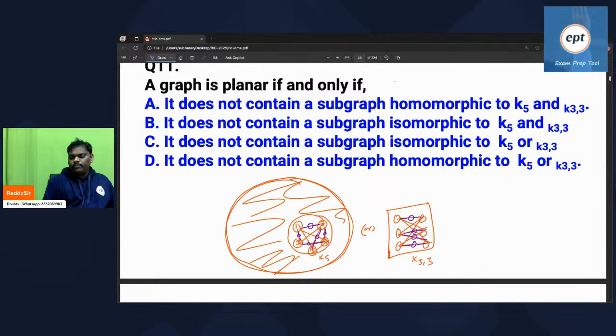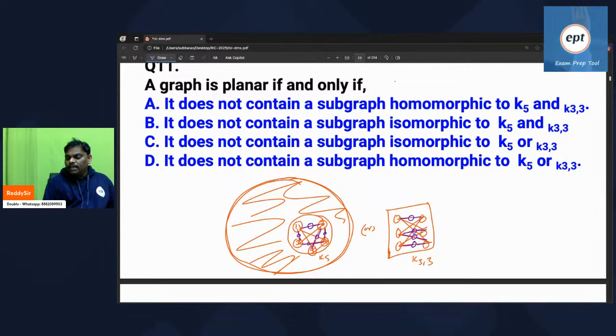Now some people are asking, sir, AND operator or OR operator? The AND operator is saying that both should not be there, then only it is planar. If one is there, it is okay, it is saying.